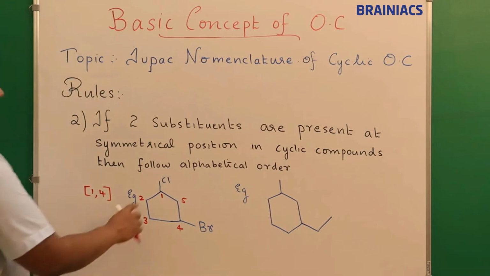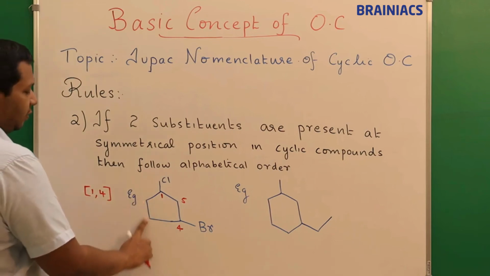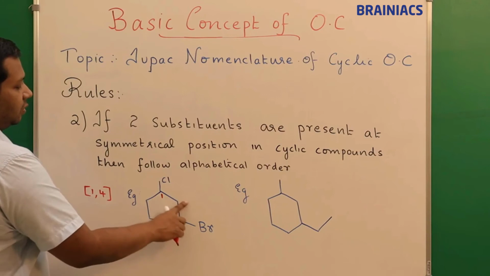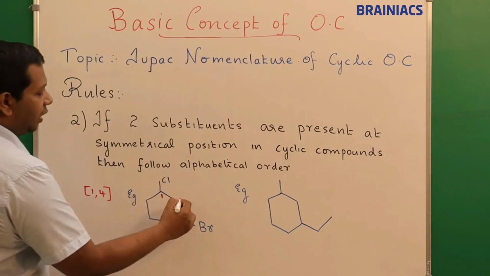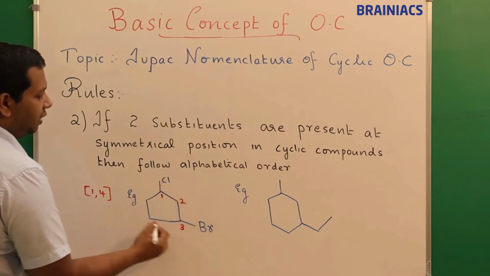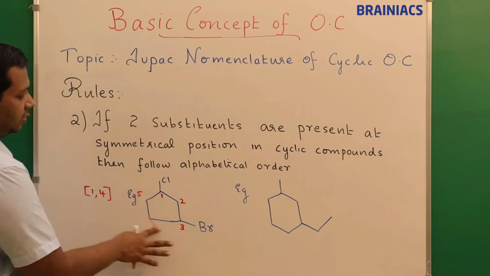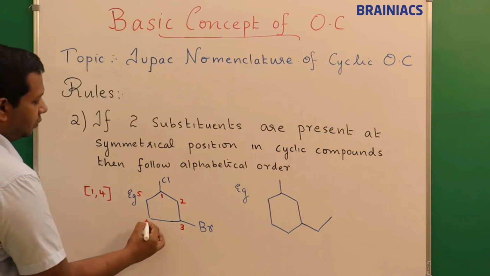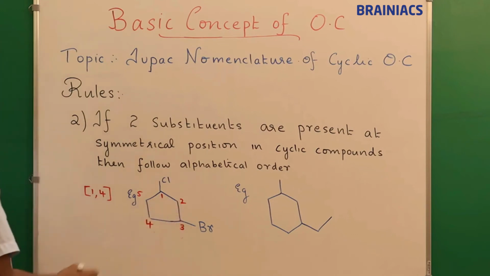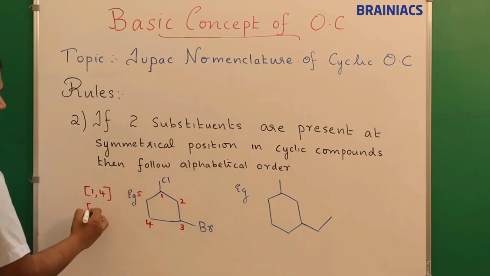Now another person is doing this in another way. Let's see how he does. He gave 1 for chlorine and 2 for this one, then 3 4 5. So 4 is given for this one. So tell me, what is the locant set? For chlorine it is 1 and for bromine it is 3 actually.